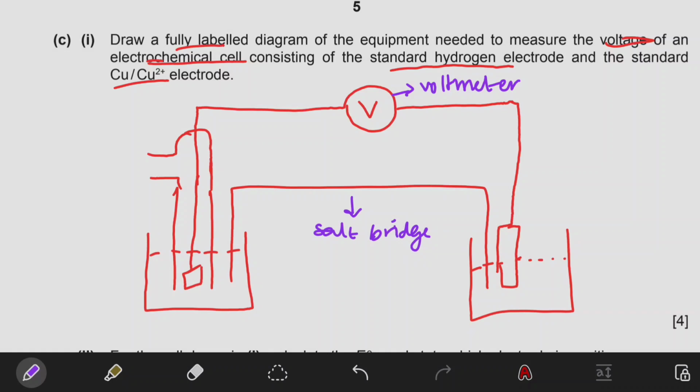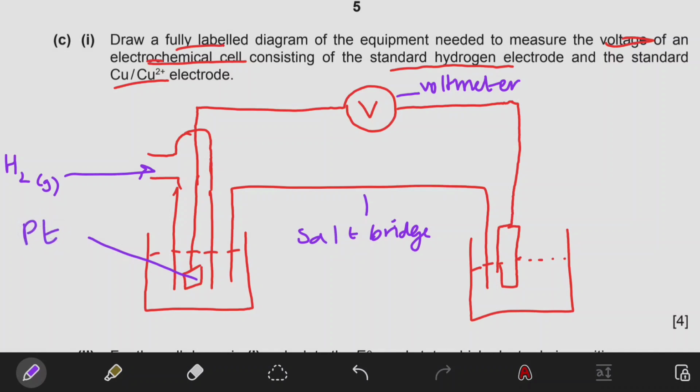You have to show where the hydrogen gas would enter. You have to show that this is the platinum electrode. Actually, you should use straight lines too. Show the arrow and this. Use a ruler.